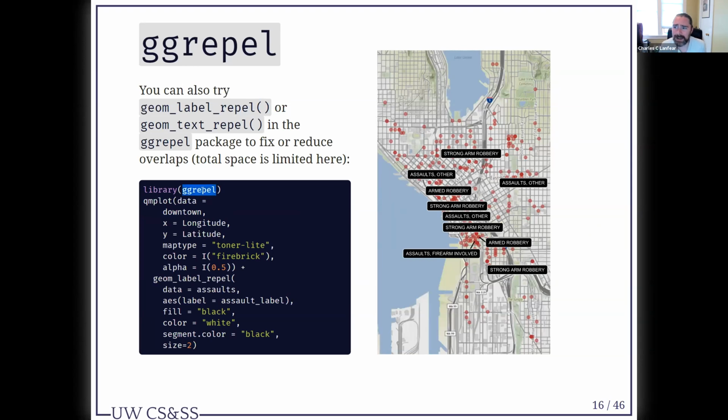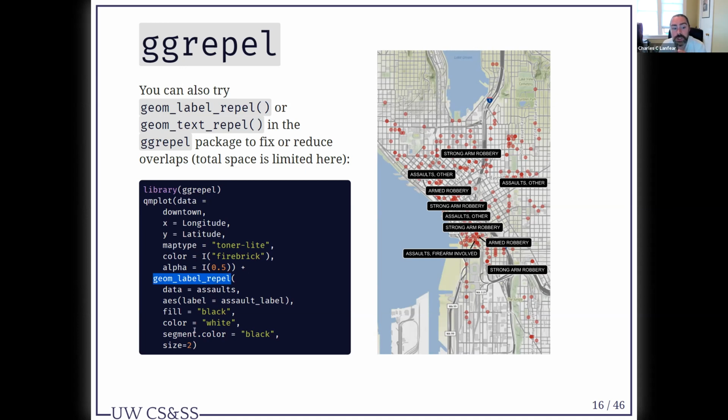So if you just do install.packages ggrepel, ggrepel adds some very simple functions to augment ggplot to enable your labels to not overlap each other. So all you've got to do is the exact same plot I just did, downtown data, longitude, latitude, and so on. But instead of geom_label, I say geom_label_repel.